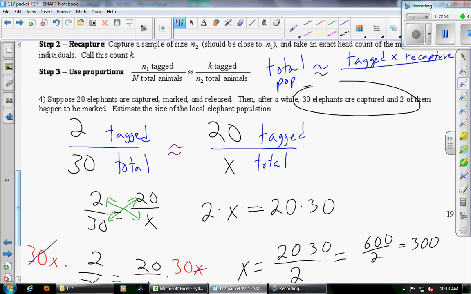That was the number in the recapture that were tagged. Recaptured and tagged.